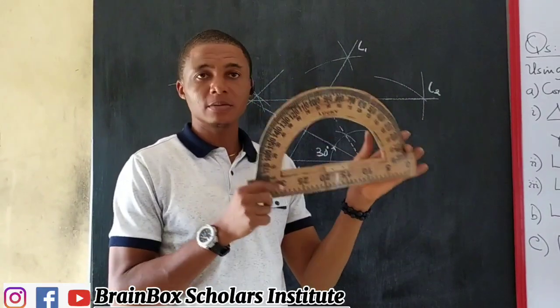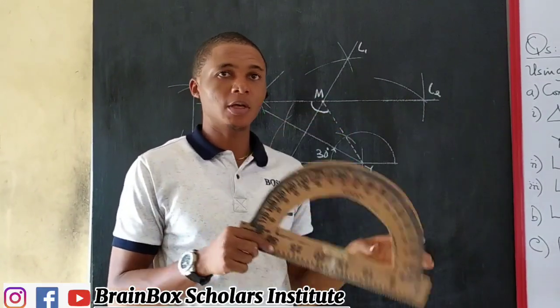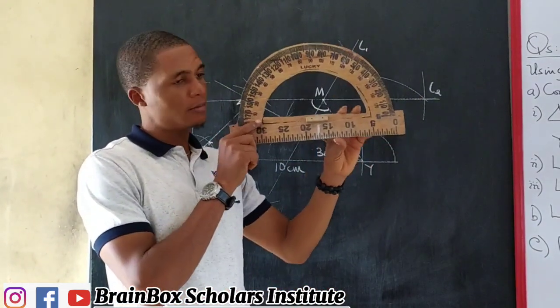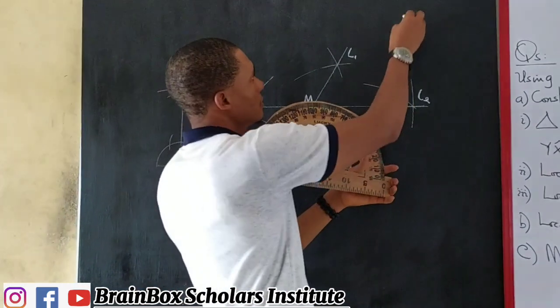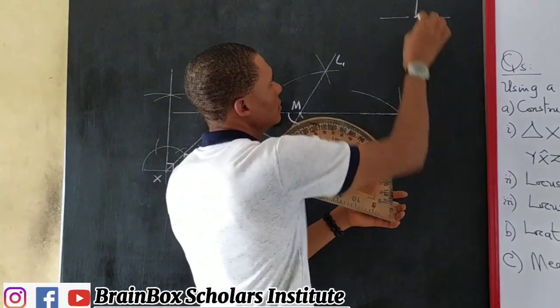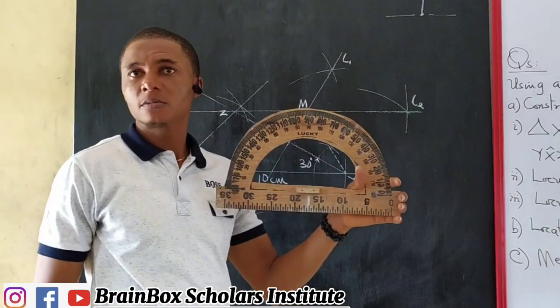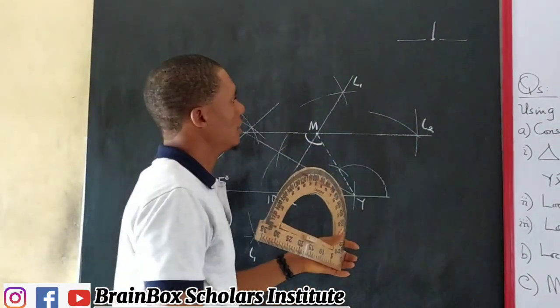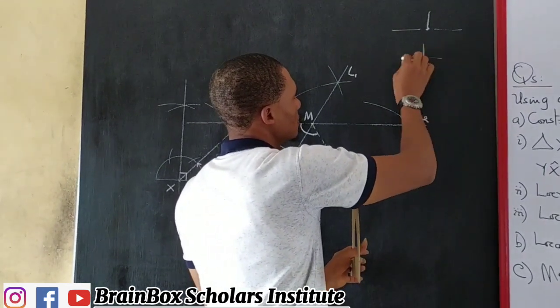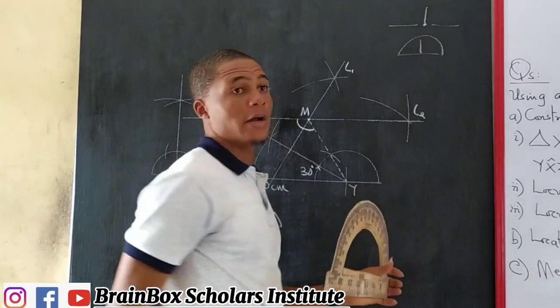Now watch the measurement. Okay? I believe your protractor. Now go to your protractor. You see something like this. True or false? Okay? Now, some people, theirs will be like this. Right?